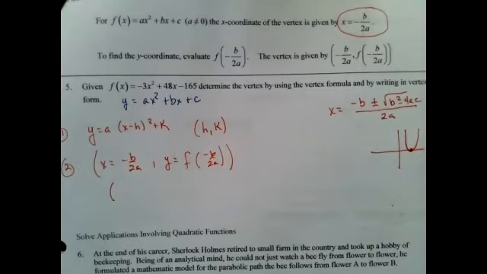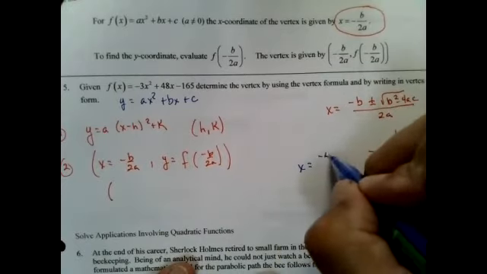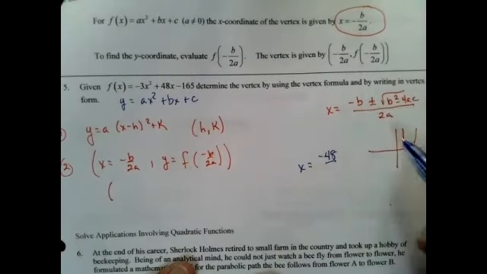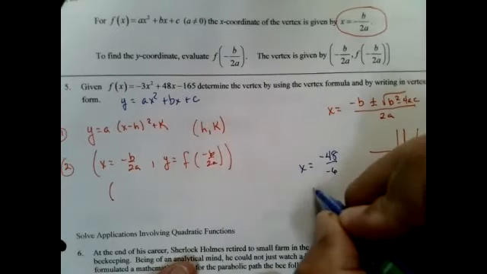So x equals negative 48 over 2 times a, which is negative 6.